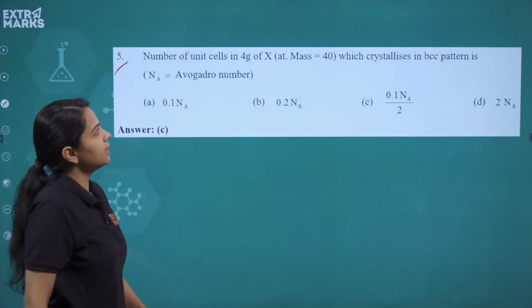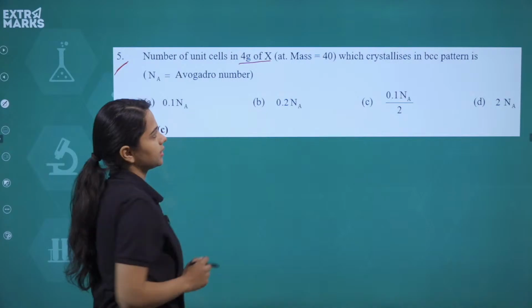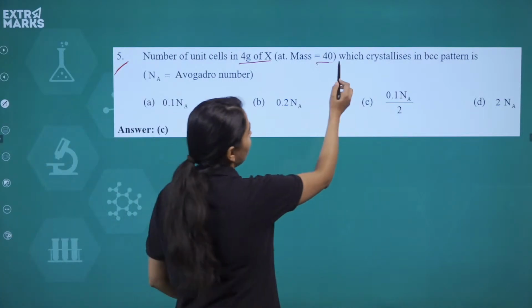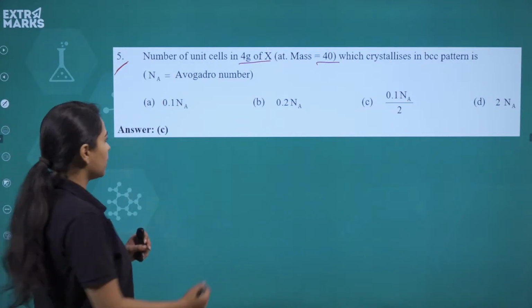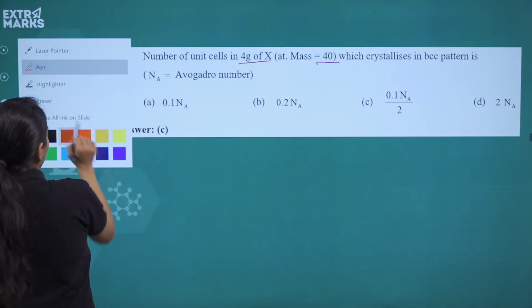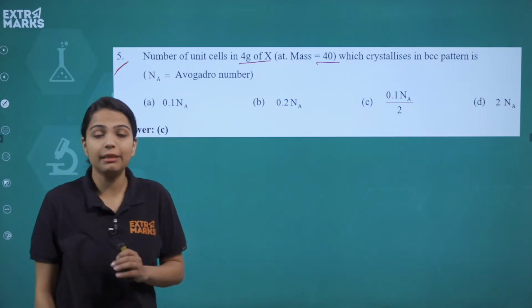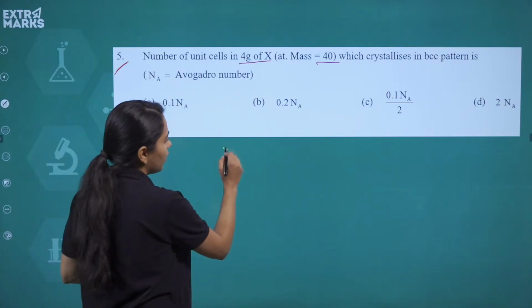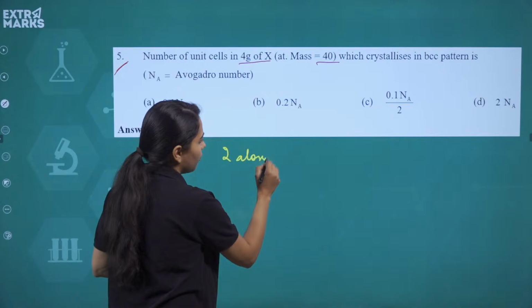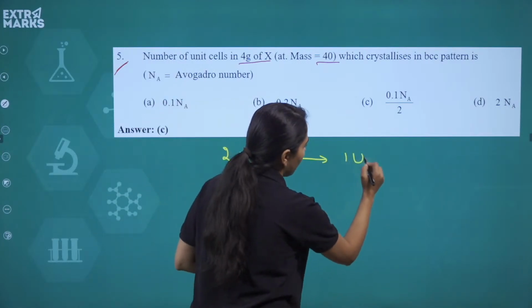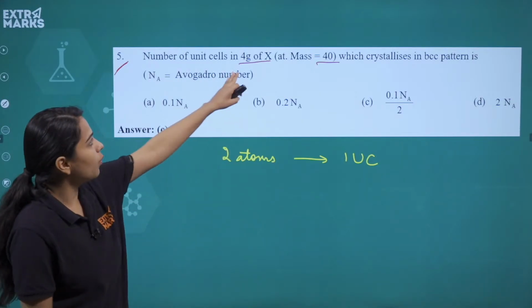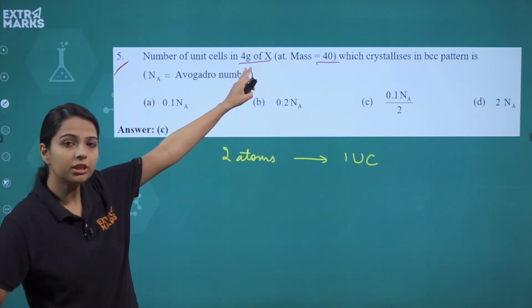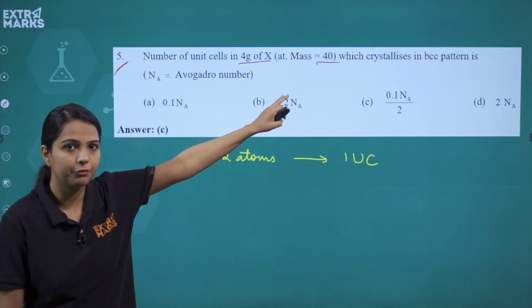Number of unit cells in 4 grams of X having the atomic mass 40, which crystallizes in BCC pattern, is how many? So now let's solve the question. When I'm talking about the BCC structure, in BCC structure we are having 2 atoms. So 2 atoms make 1 unit cell. And how many atoms do I have over here? Now over here I'm having 4 grams. So what is the number of moles? 4 upon 40, given weight upon molar mass.